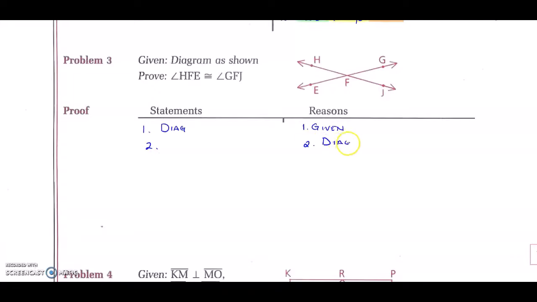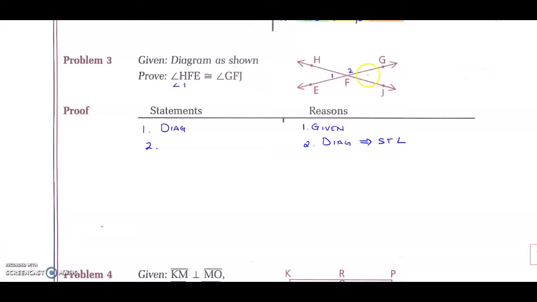If we are given a diagram, then we can assume a straight angle. Now, which angle do I want to name first? HFE is an angle that I'm going to want to use to prove, and I want to watch my parallel structure. So 1 and 2 are supplementary.